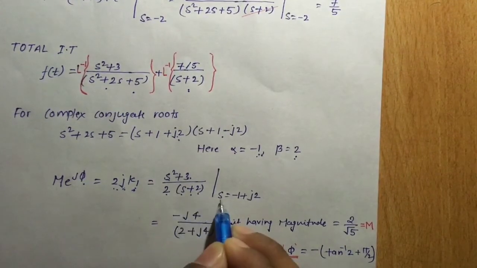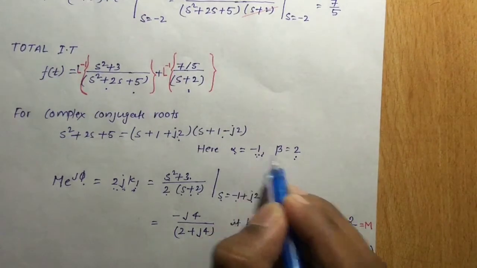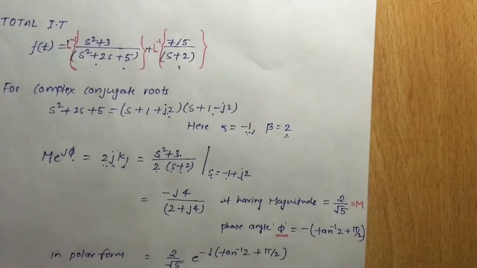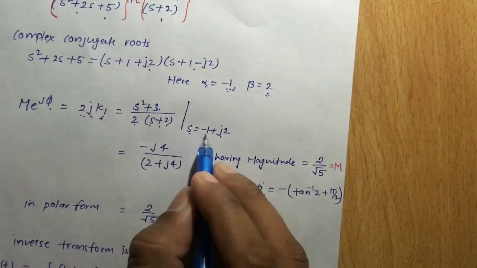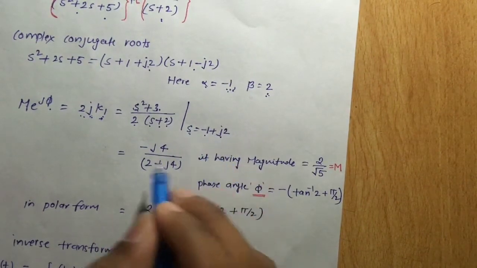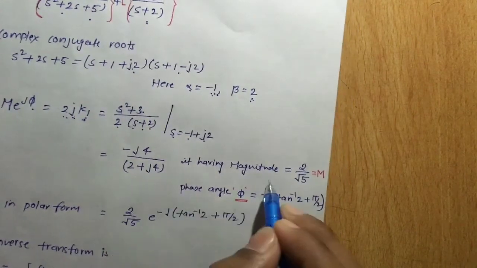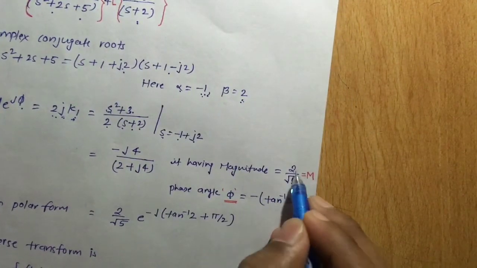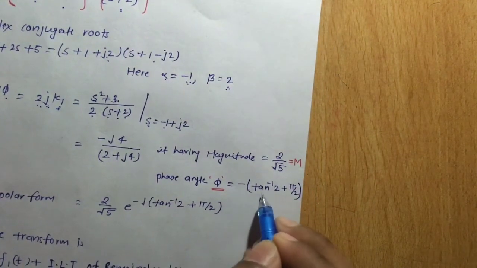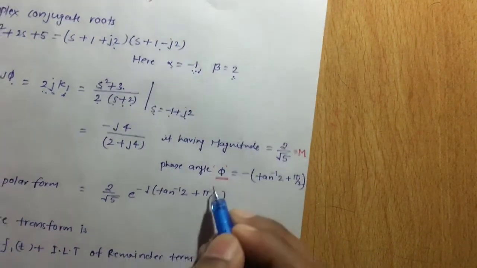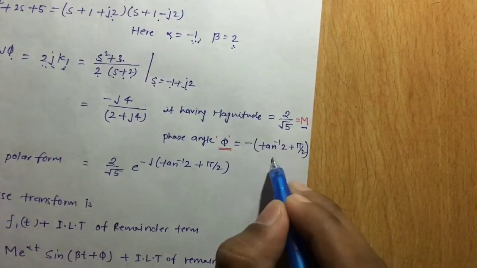This is at s equals minus 1 plus j beta, that is alpha equals minus 1, beta equals 2. On solving, putting s equals minus 1 plus j into 2, we have minus j into 4 over 2 plus j4. It has magnitude M equals 2 by root 5, and phase angle as minus tan inverse 2 plus pi by 2. Now this is M and this is phi.